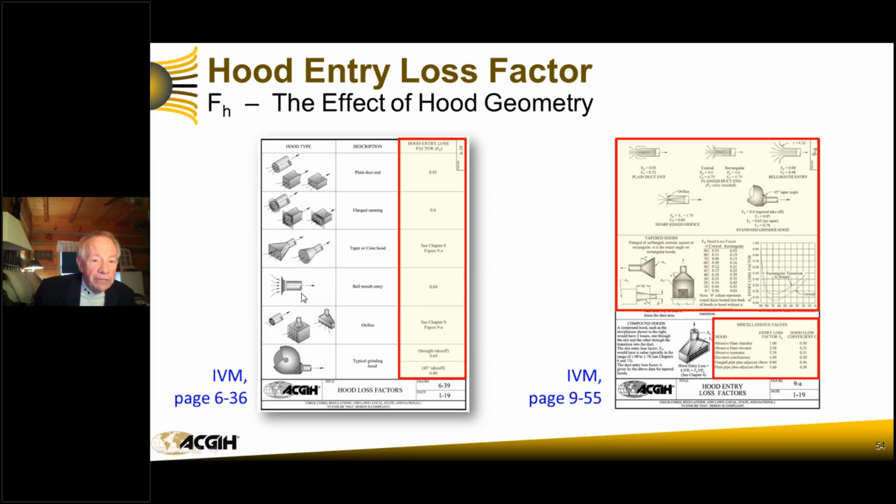So if we had a hood and we wanted to get velocity up to 4,005 feet per minute, which is 1 inch of water column velocity pressure, our acceleration loss plus our F sub h would be 1.04 times the velocity pressure. Well, 1.04 times a velocity pressure of 1 is 1.04 inches of water column static pressure.